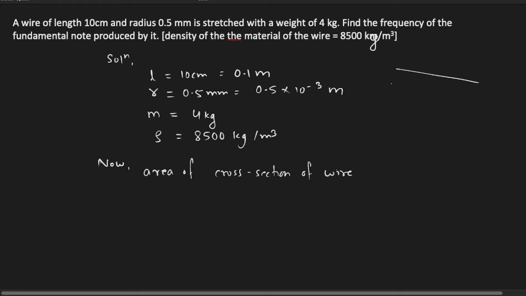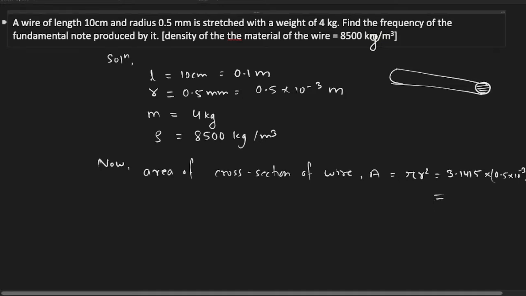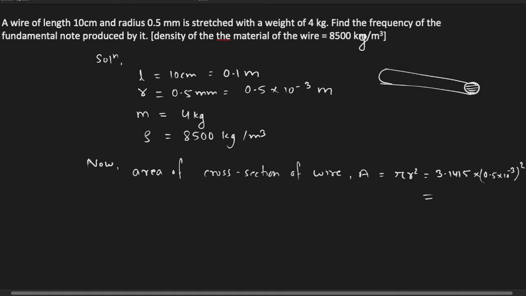For example, if this is the wire, we need to calculate this cross section as pi r square, which is 3.14 into 0.5 into 10 power minus 3 whole square, whose value is equal to 7.85 into 10 power minus 7 meter square.